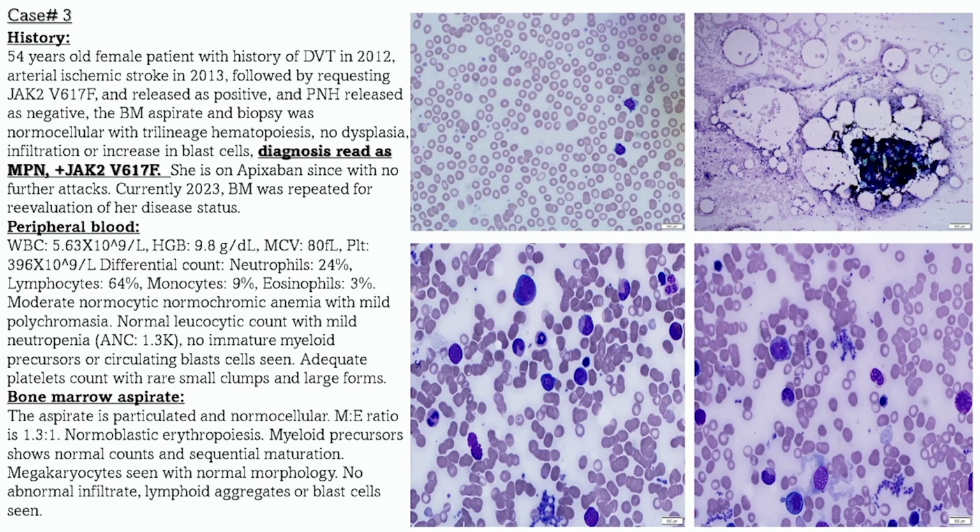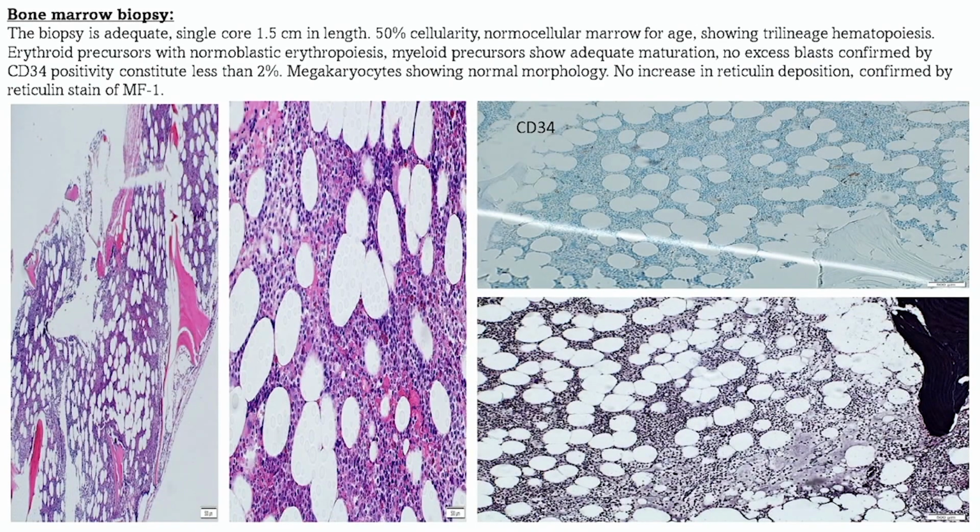So her clinician, after 12 years of taking apixaban and following her as a case of MPN, wanted us to evaluate her bone marrow. On checking the peripheral blood, it was almost normalized, and her bone marrow aspirate was also normal with tri-lineage hematopoiesis, no increase in blast cells, no fibrosis, and nothing.